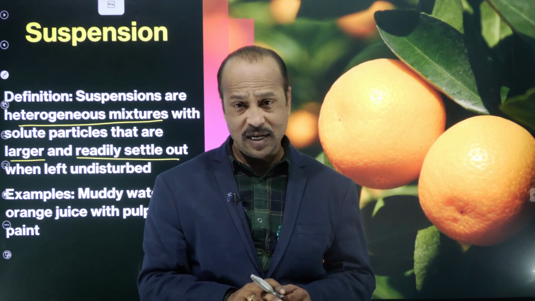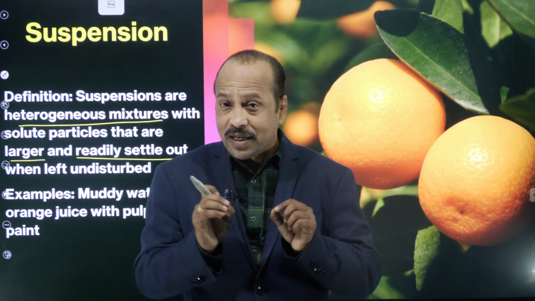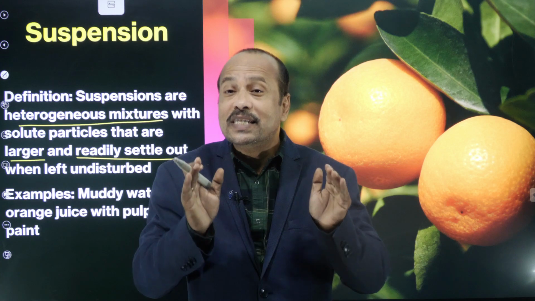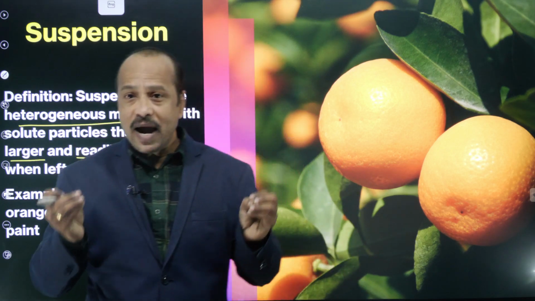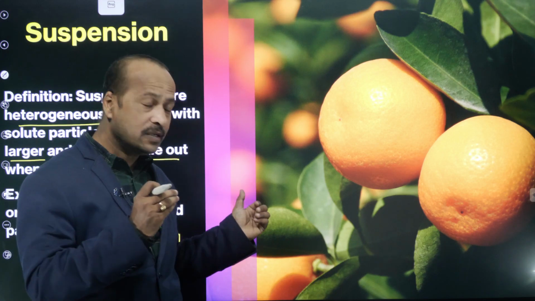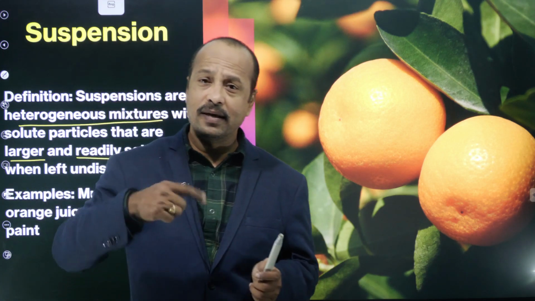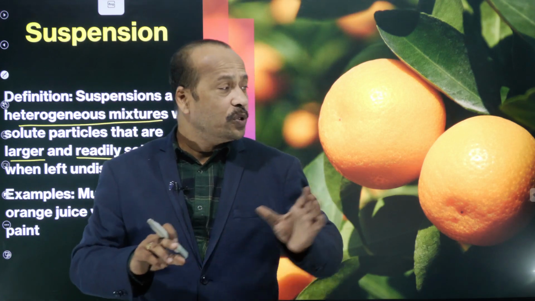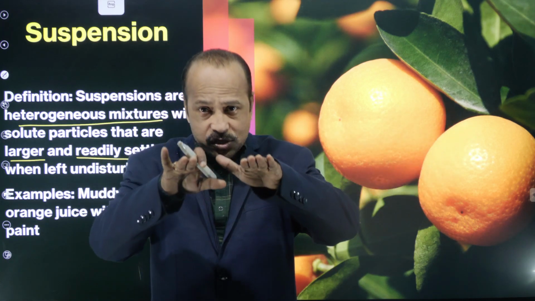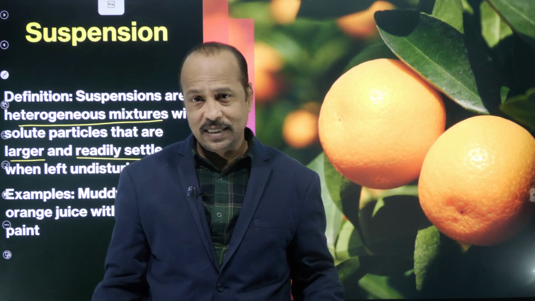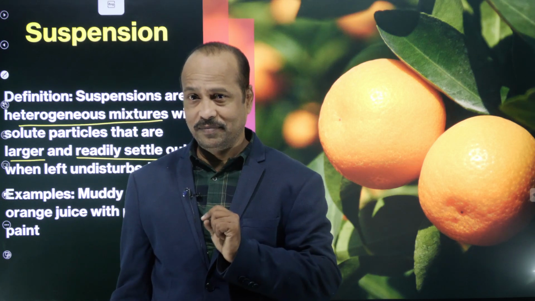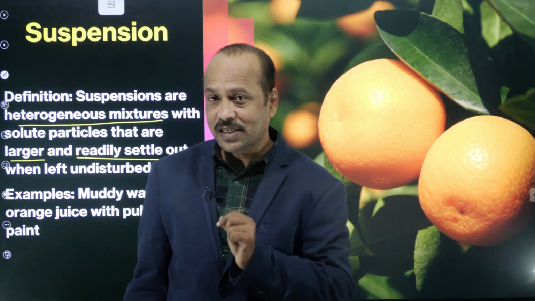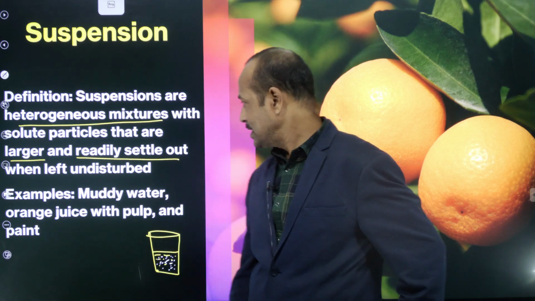This type of solution is called a suspension. When you add chalk powder and stir, then if you keep it aside, all the chalk particles come down and settle, meaning they are not mixing with the water. Such solutions are called suspensions.